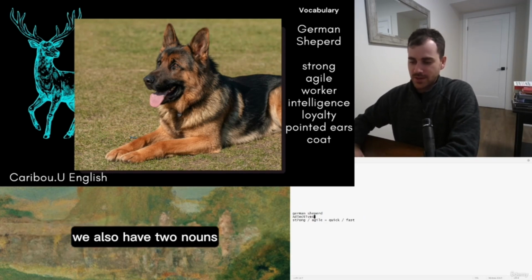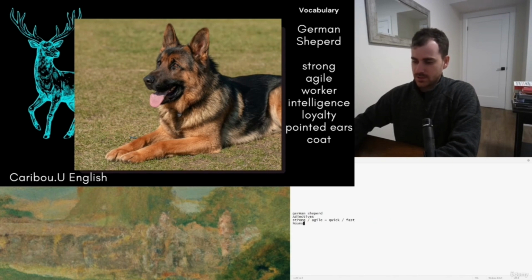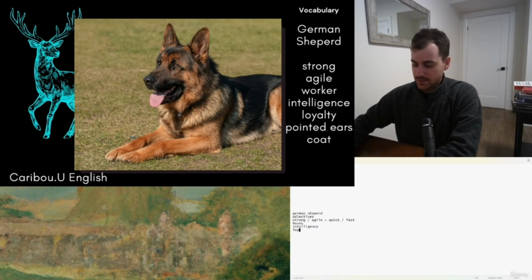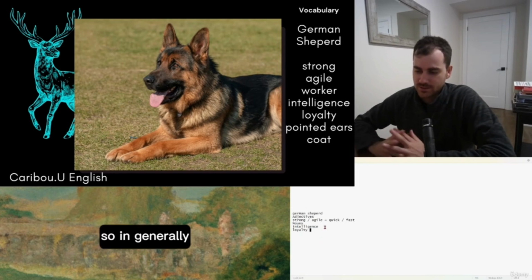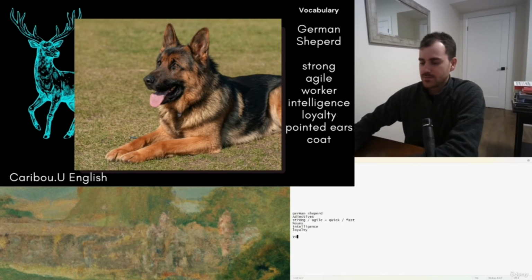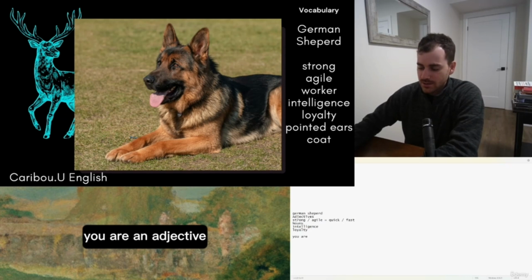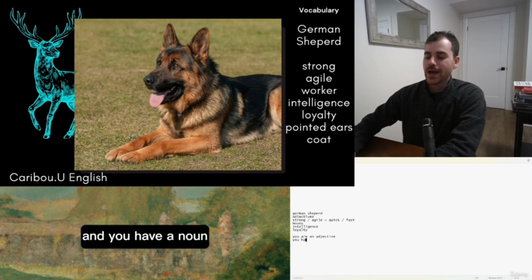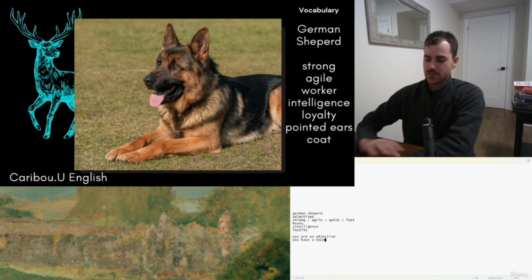We also have 2 nouns. And it's important in English to know when to use the adjective form and when to use the noun form. And generally the rule is you are an adjective and you have a noun.